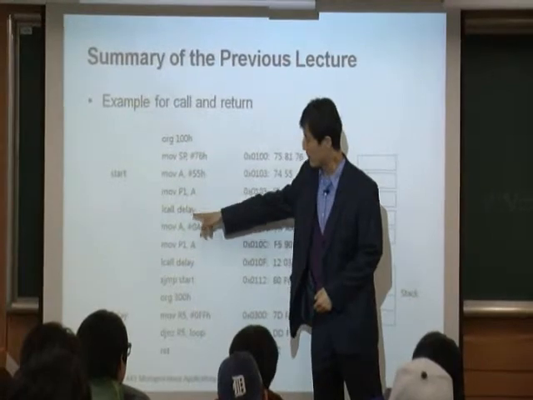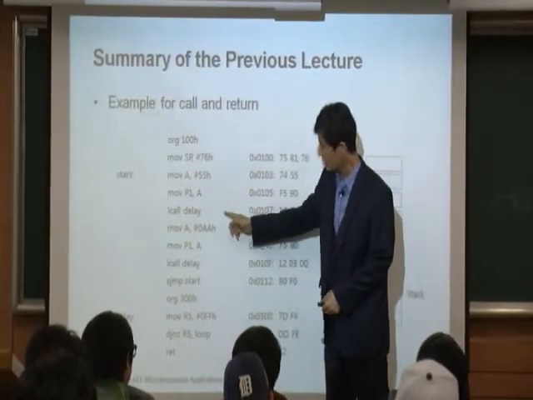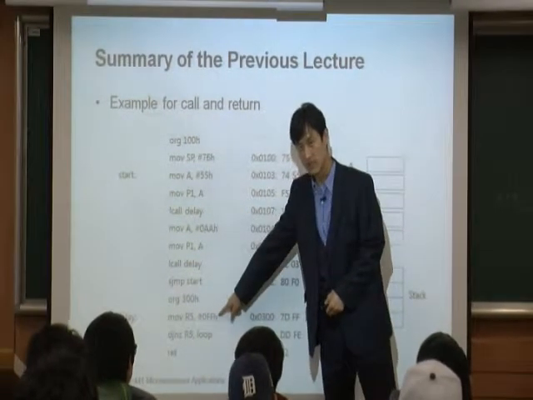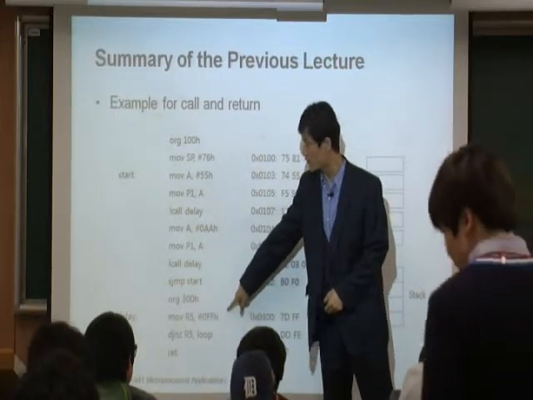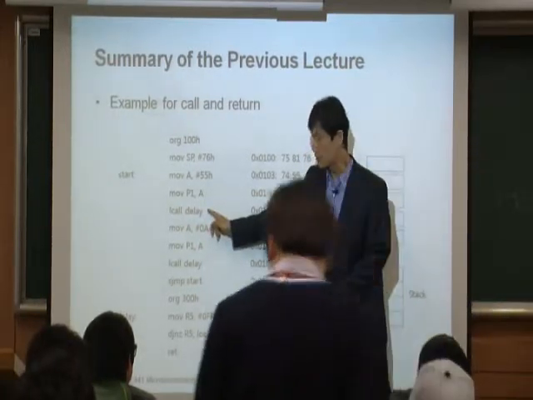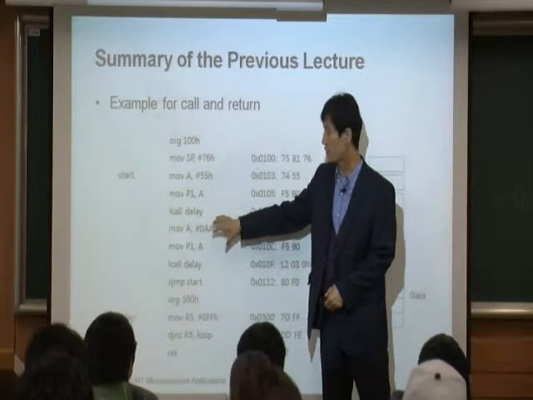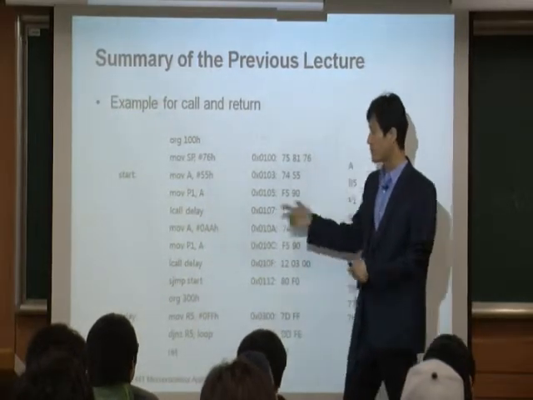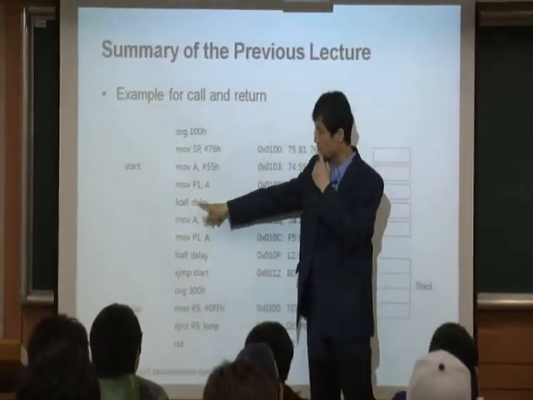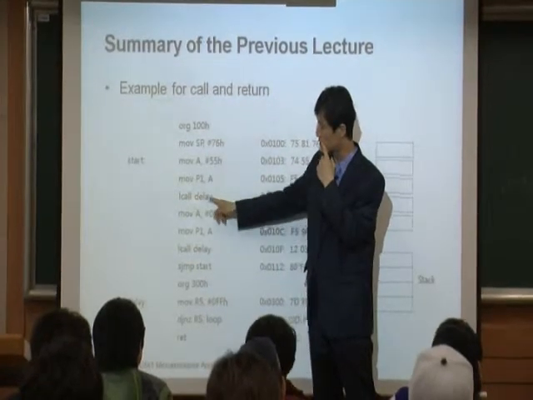Now, later, I want to call the delay function. So when I execute this instruction, I'm going to jump to the delay subroutine. But before you jump, you want to store the program counter value to the stack. So I'm executing this one.